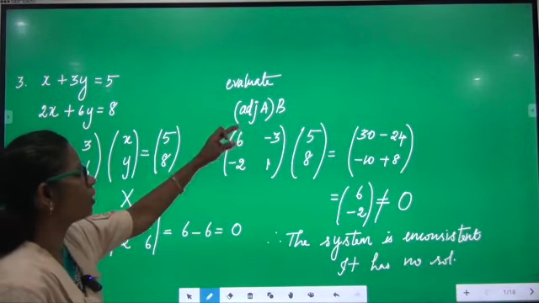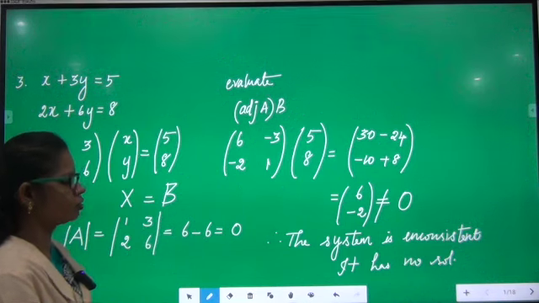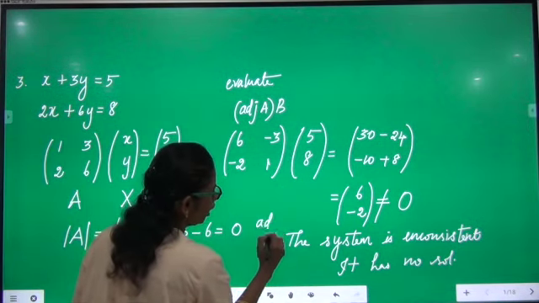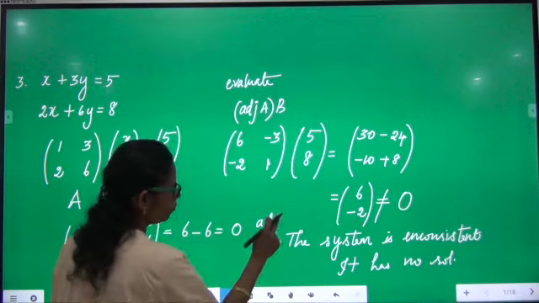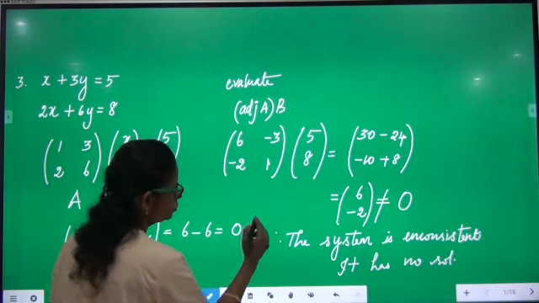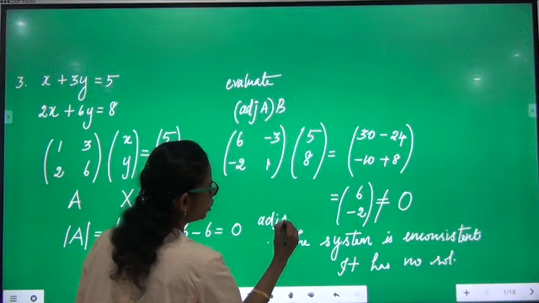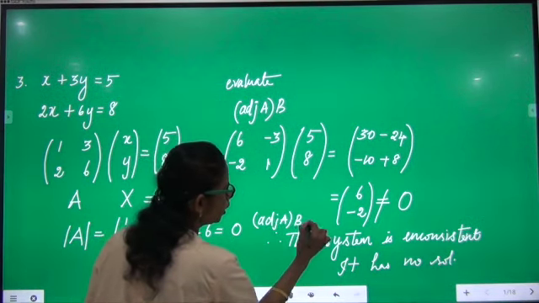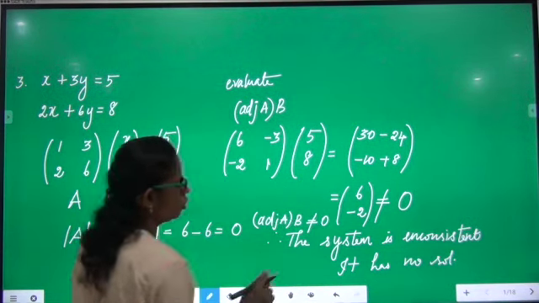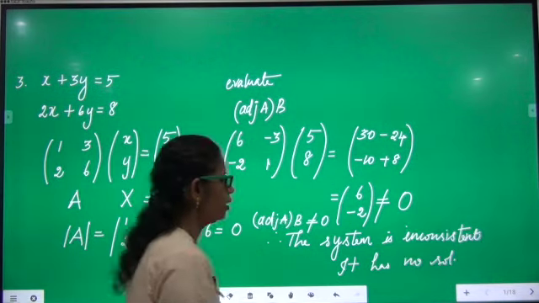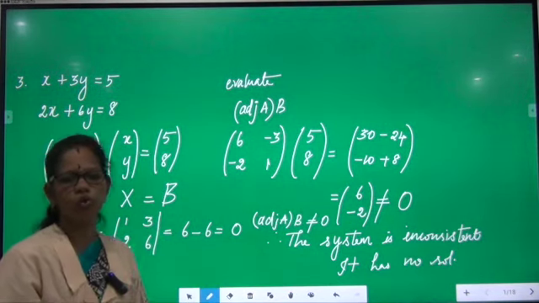Then adjoint of A into B is not equal to 0. What is your conclusion? You write it here. Adjoint of A into B is not equal to 0. Therefore, the system is inconsistent. It has no solution.